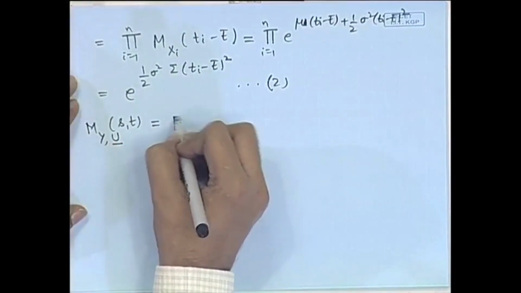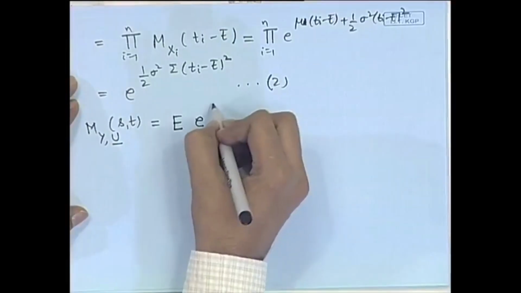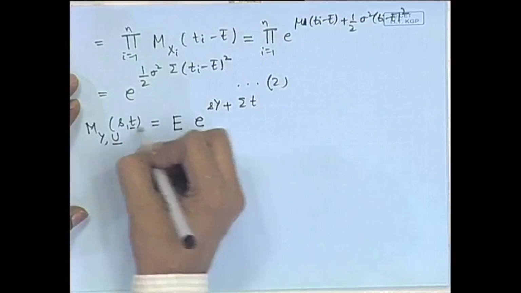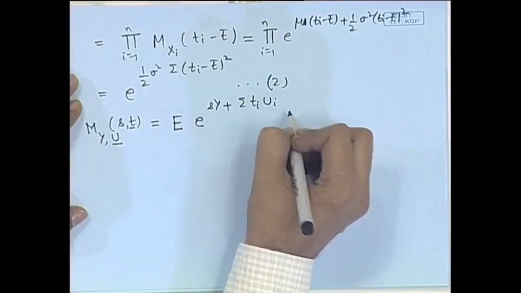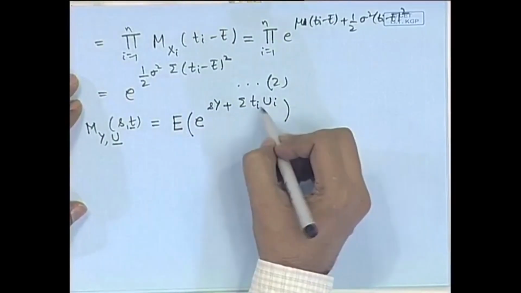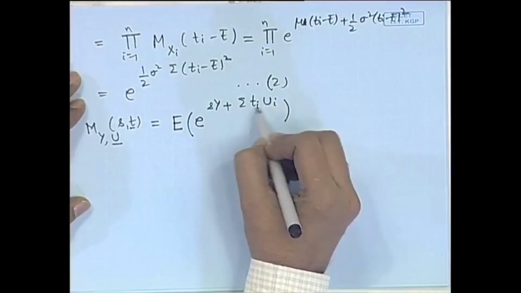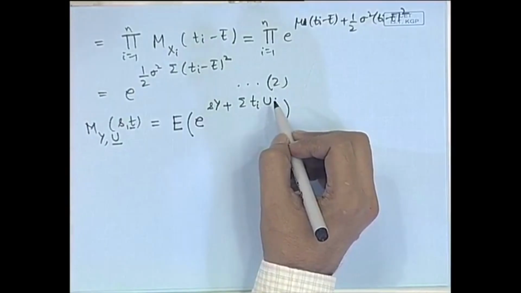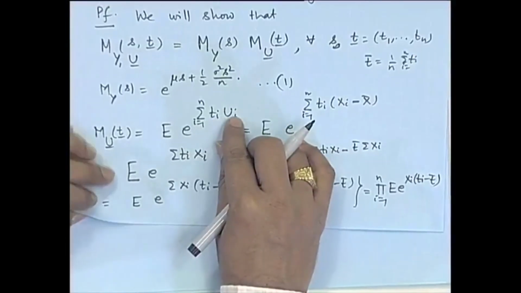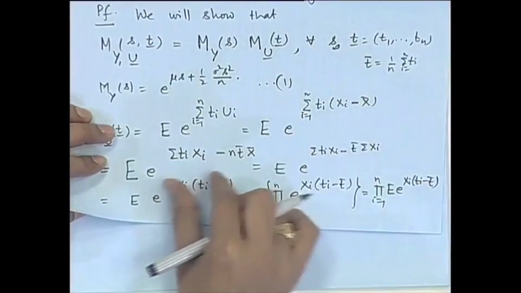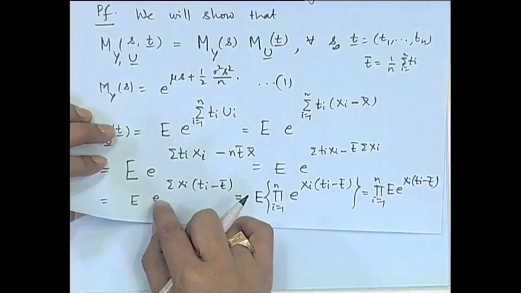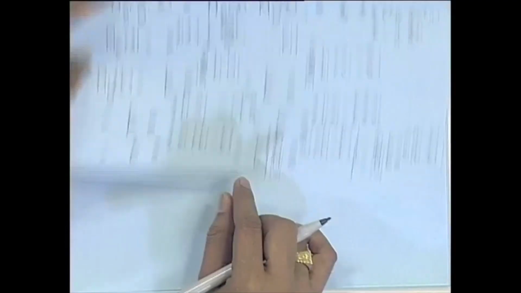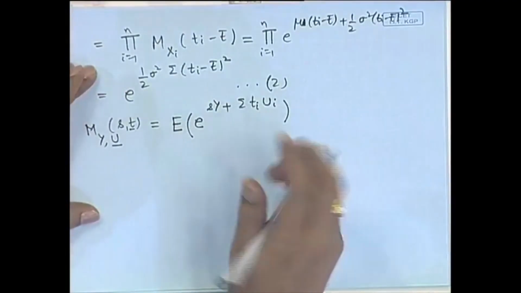So, by definition of the joint MGF, it is equal to the expectation of e to the power s Y plus sigma t_i U_i. The second term has already been simplified, that is e to the power sigma t_i U_i has already been simplified as e to the power sigma x_i (t_i minus t bar). So, we will use that here.